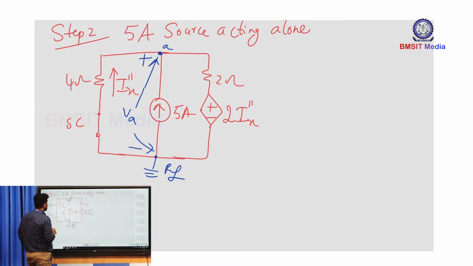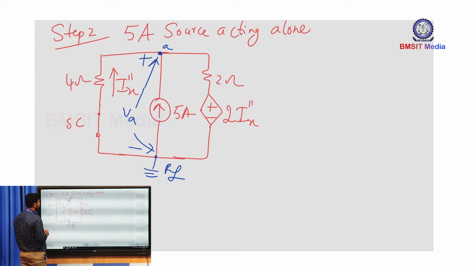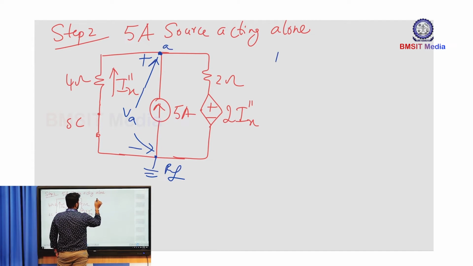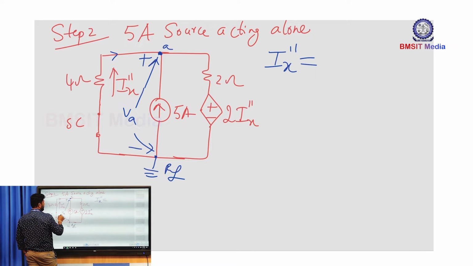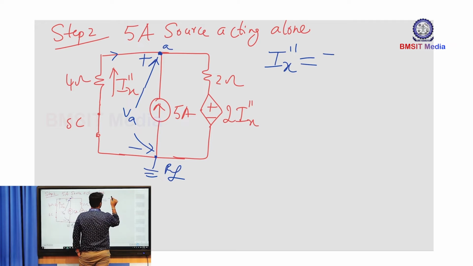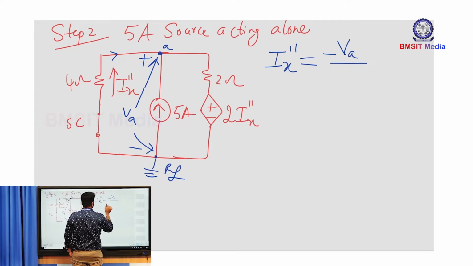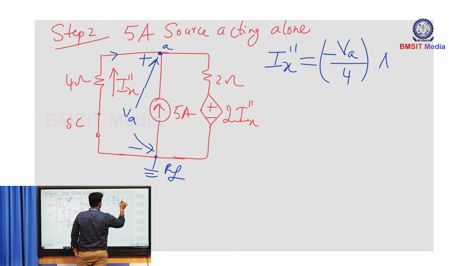We are interested in Ix double dash. We wanted the current in this direction, so you can write Ix double dash is minus VA divided by the resistance, here it is 4. So this is the value of Ix double dash.